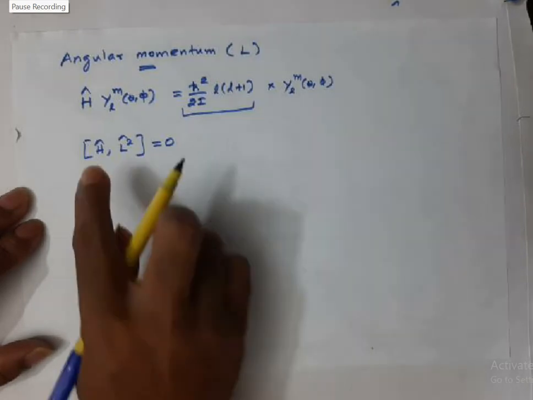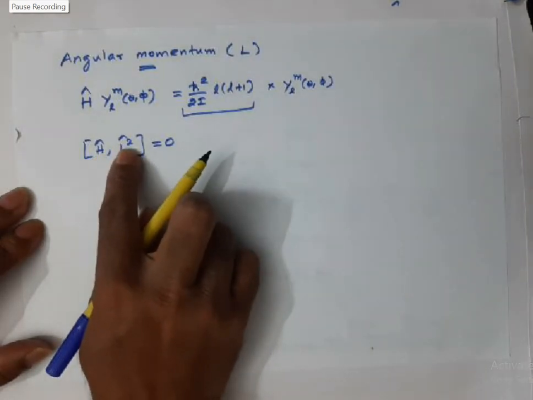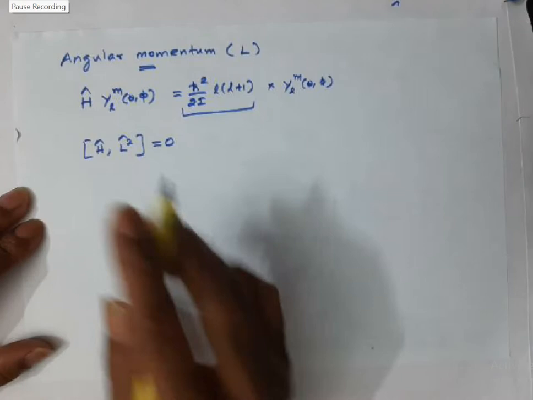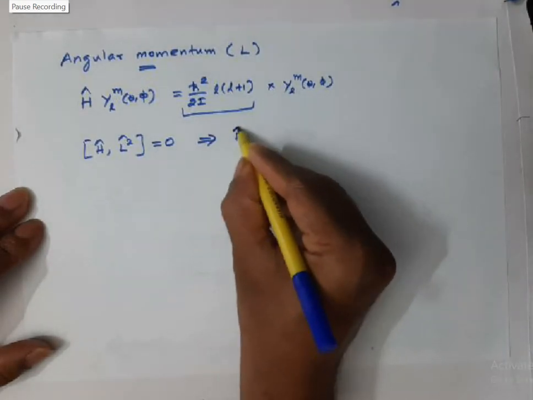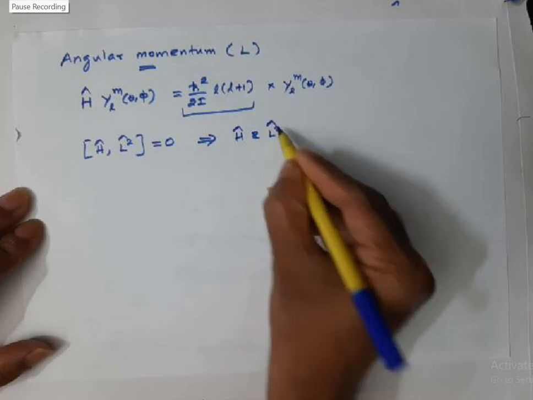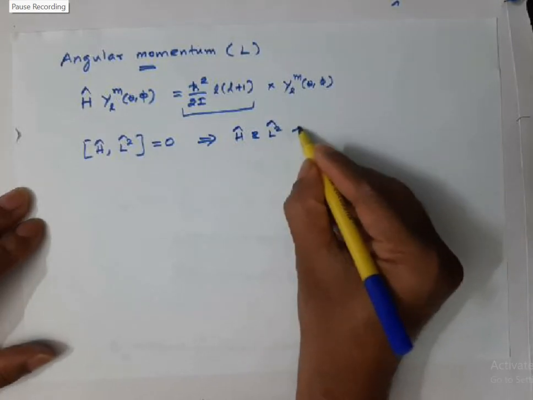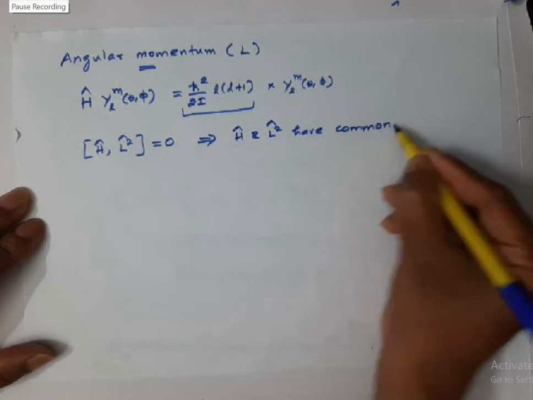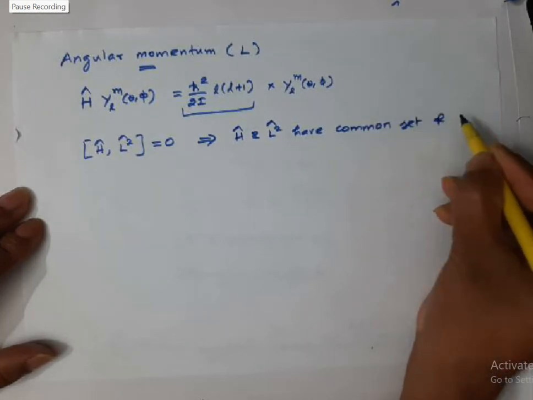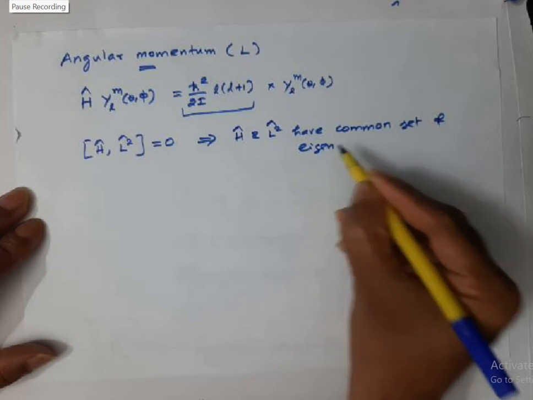It means the H operator and the L square operator have a common set of eigenfunctions.